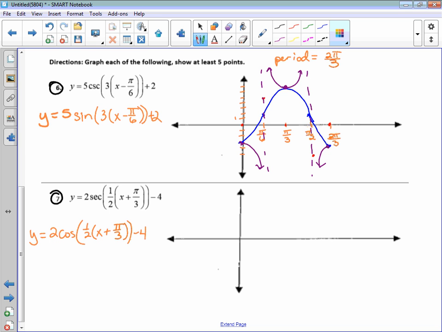But then you've got too much. See, by the time I get to 2 pi over 3, I've got 2.5. So this is actually supposed to be on the y. This is supposed to be on the y, but you've got just 2.